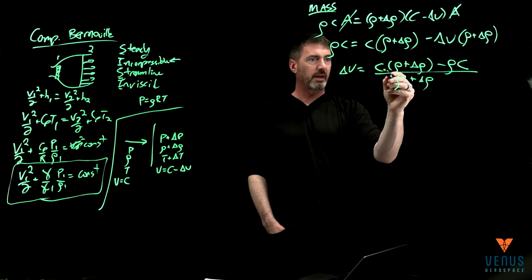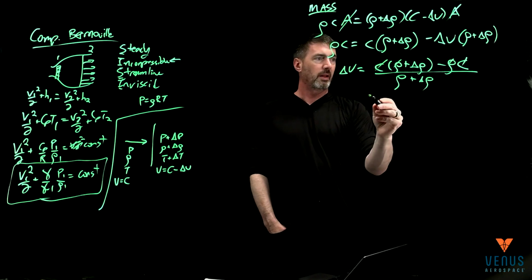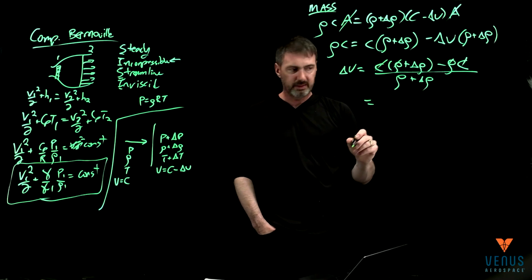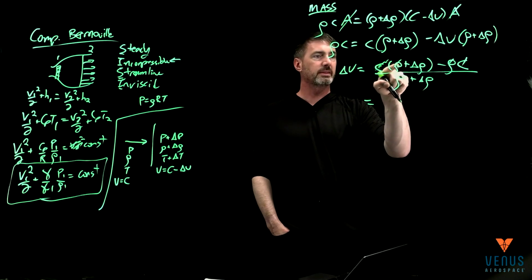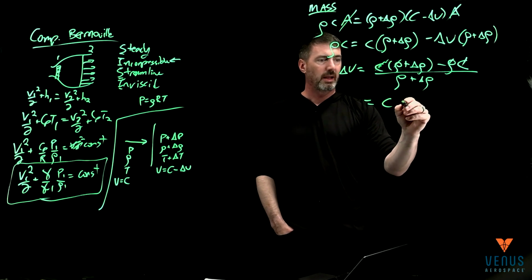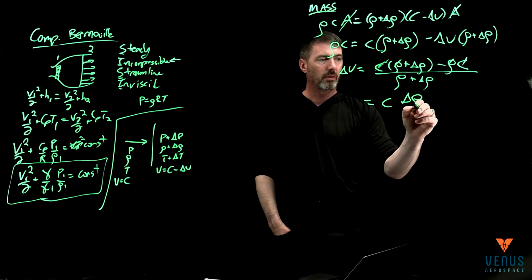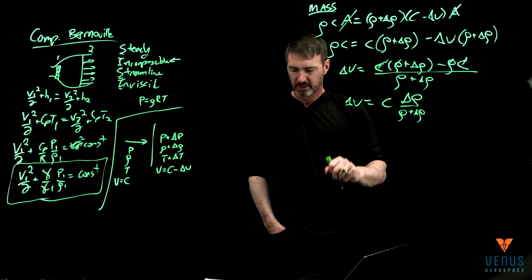And then you see that this c rho here cancels out with that c rho. And so then we are left with, this rho cancels. This one still stays alive. So that's c, and then that's delta rho over rho plus delta rho. Okay, leave it there for a second. This is the change in velocity.